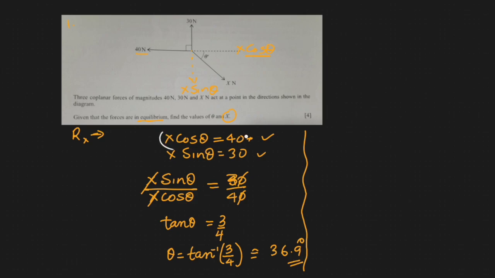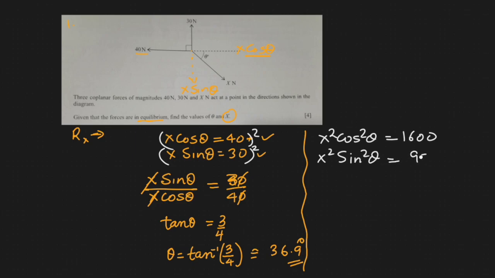I'll square both equations and add them. If I square this, it will become x square cos square theta equal to 1600. Similarly, x square sine square theta is 900. Let's add both the equations.